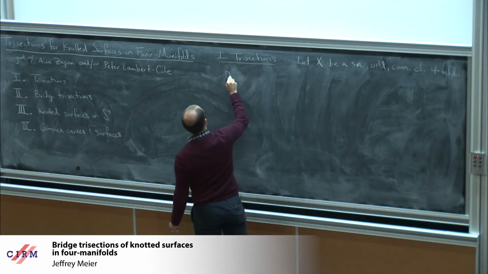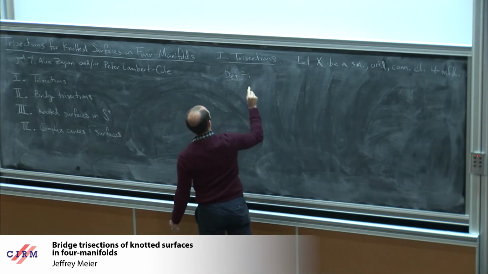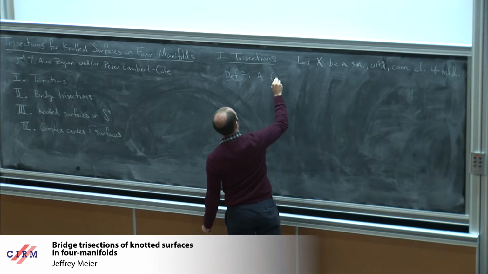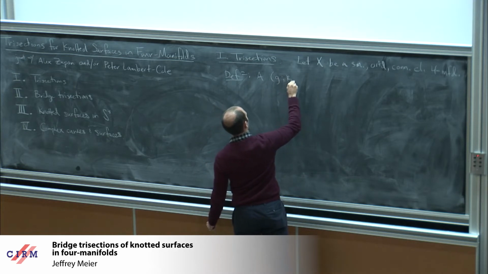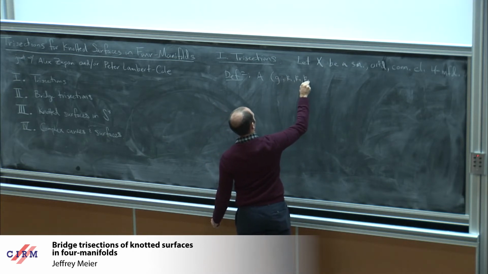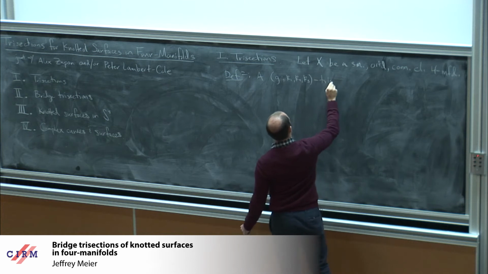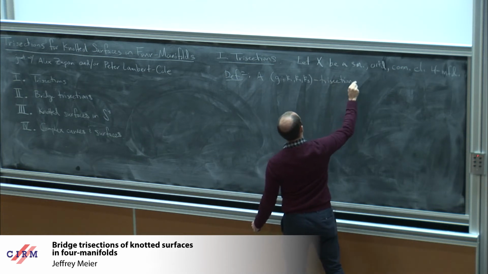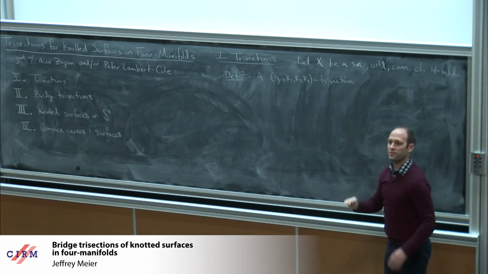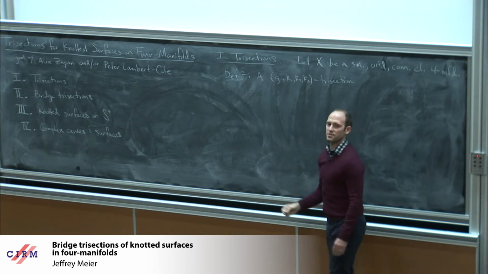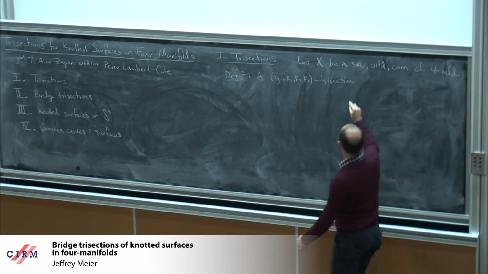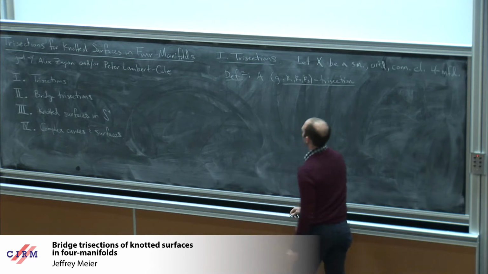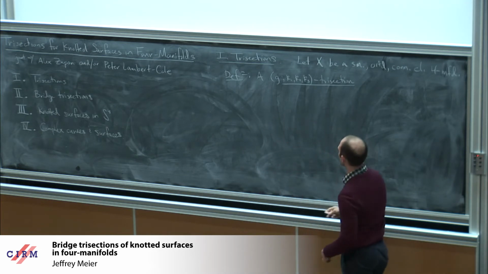So the first definition then is that a trisection, or maybe a (g, k1, k2, k3) trisection. So don't be too worried if the notation seems a little unwieldy. It's really not so bad once you see what's going on. And I'm working in sort of the most general case here.